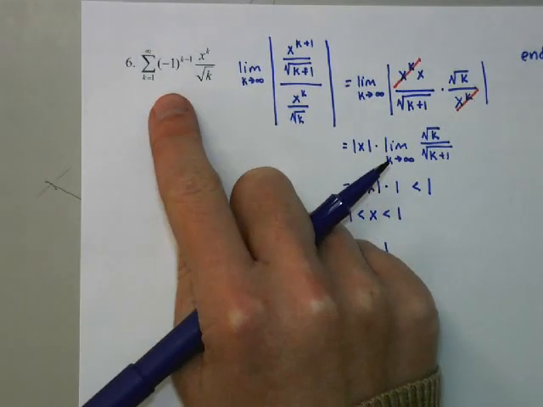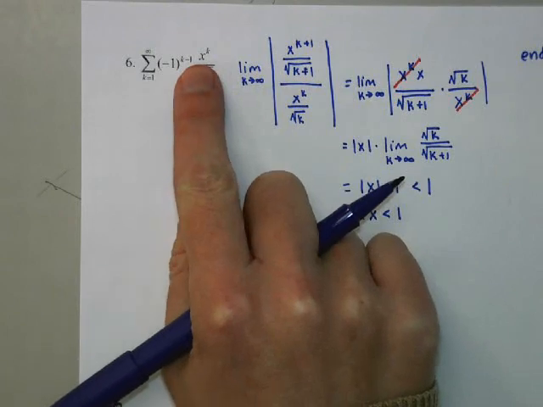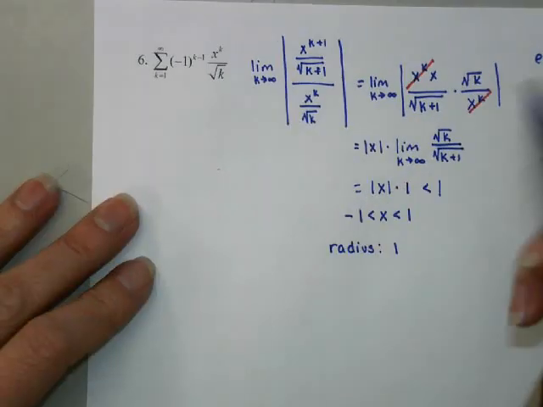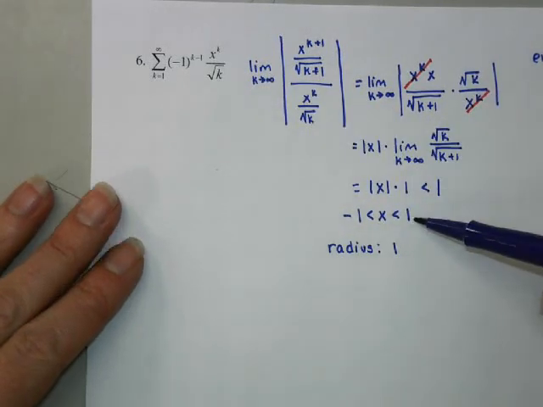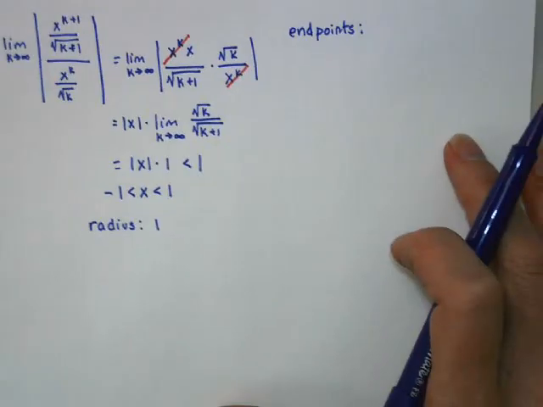So what we're going to do is we're going to take our sigma notation, and for the x, we're going to plug in -1, see if that series converges. Then we're going to plug in 1 and see if that converges.